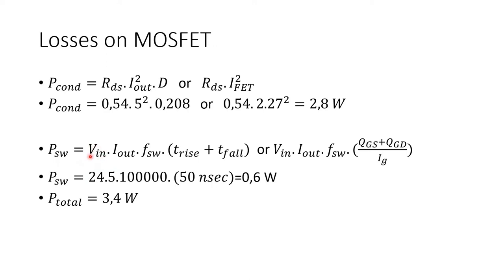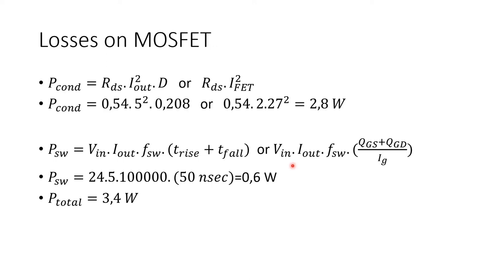The maximum input voltage, which is the input voltage in our case, DC voltage, and the output current are multiplied with the switching frequency and the rise and fall time of the MOSFET, which is specified on the datasheet of the MOSFET.